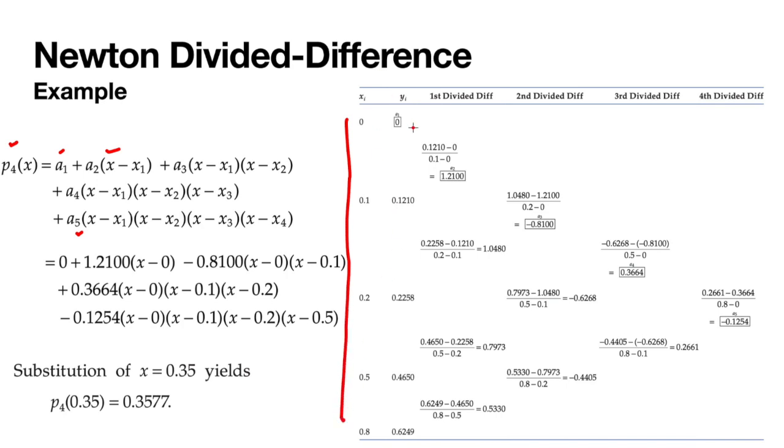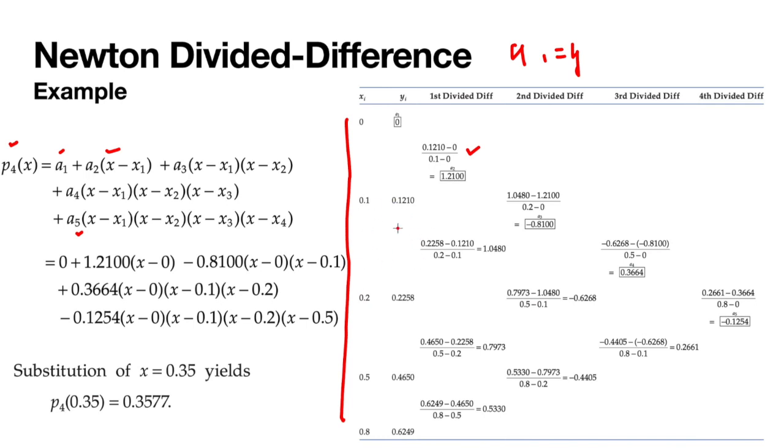So the first value is basically, because a1 is equal to y1, the same, which is y1. a1 is 0, and the second value here we can calculate by this same formula, which is y2 minus y1 divided by x2 minus x1, 0.1 minus 0. Similarly, this value will be calculated in a similar pattern, 0.2258 minus 0.1210 divided by 0.2 minus 0.1.